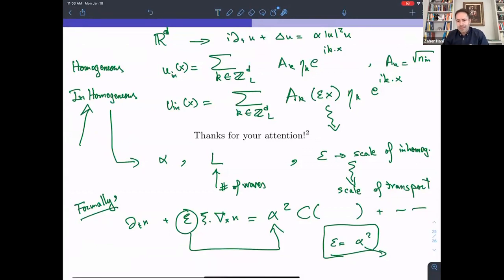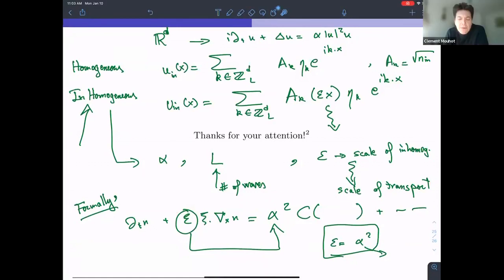So I think that might be exactly what you're saying, that you want to equate the alpha squared over here, which is very much related to the kinetic time, because the kinetic time is exactly 1 over alpha squared. And you want to equate it to the transport time scale, which is 1 over epsilon.